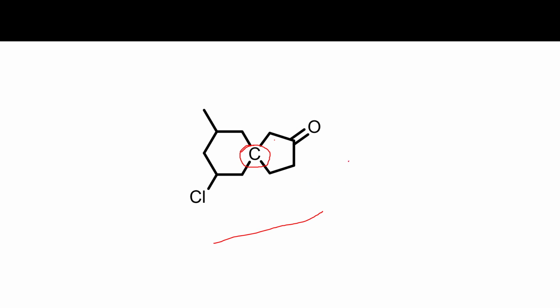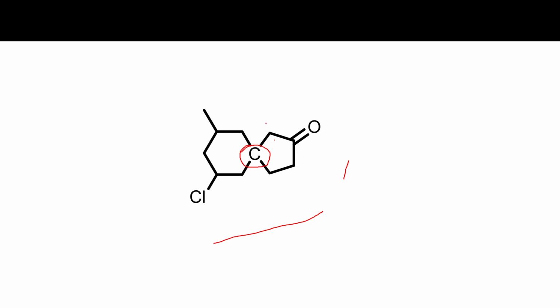If the spiro compound is like this, there will be carbon atoms 1, 2, 3, 4, and there will be carbon atoms 1, 2, 3, 4, 5. So we have to go from the lowest to the higher side. This is the opposite of the bicyclo compound. From bicyclo you have to go from the highest to the lowest side, but here you have to go from the lowest to the highest side.